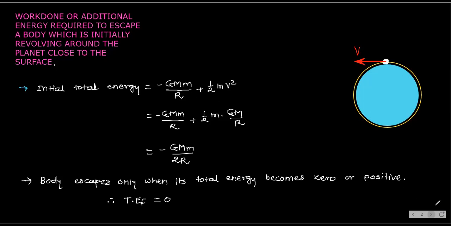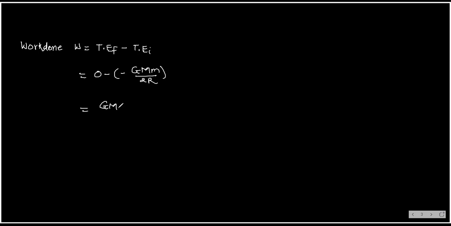Now I want to find the work done. So work done, W, is equal to final total energy minus initial total energy. So this is equal to 0 minus of minus GM divided by 2R. Minus minus is plus, so this is equal to GM by 2R.